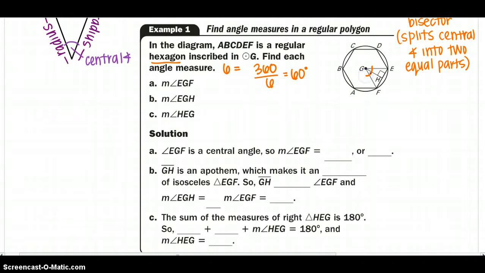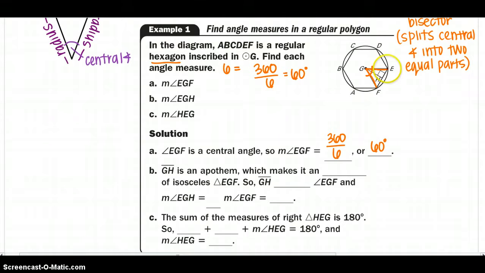So now that they are asking for EGF, that would be our central angle, so 360 divided by 6, or that angle would be 60 degrees.